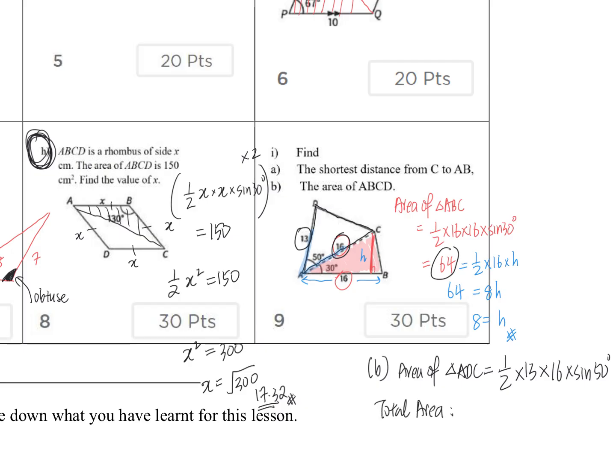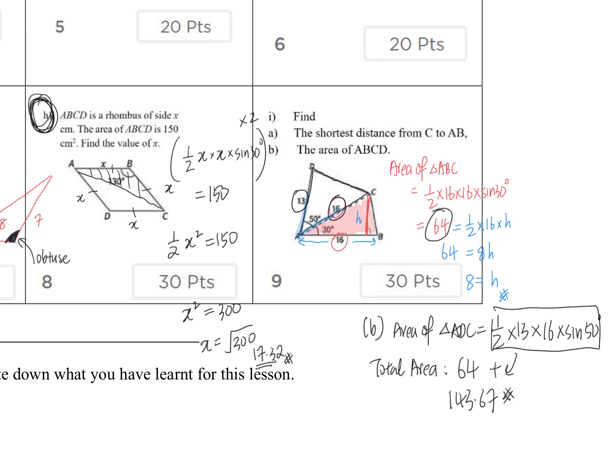Just now we found 64, and then we add it to this one. So what is your answer? You can put unit square, cm square. Accordingly, you should be able to do all these 9 questions.